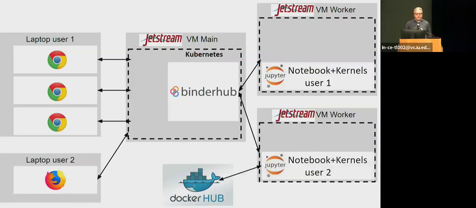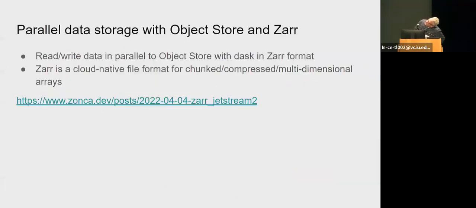Also, all of the notebooks are then pointing to all of the Docker containers that we have that define a particular Project Pythia cookbook hosted on BinderHub. The user then selects whatever cookbook they want to run, and the BinderHub then loads the image from Docker Hub and then spins it up.